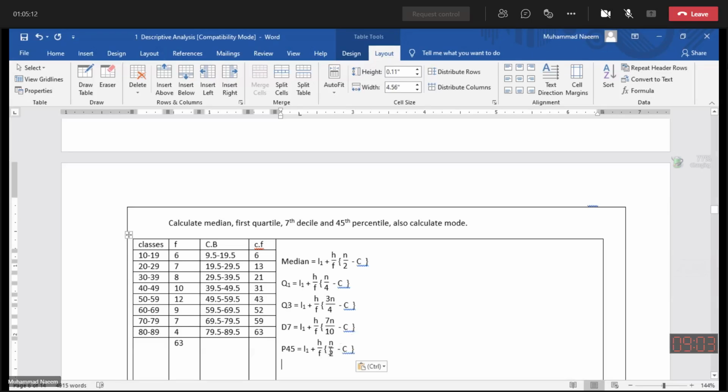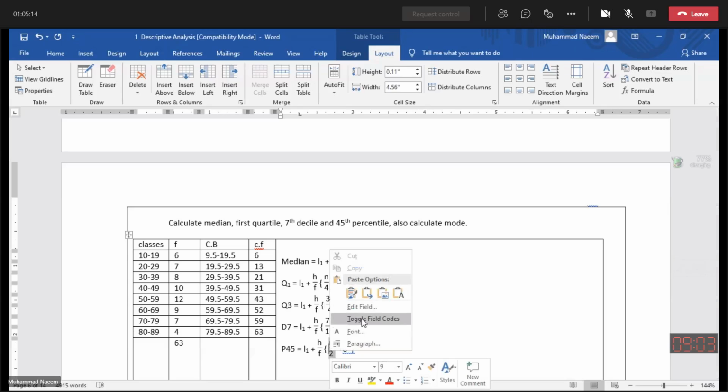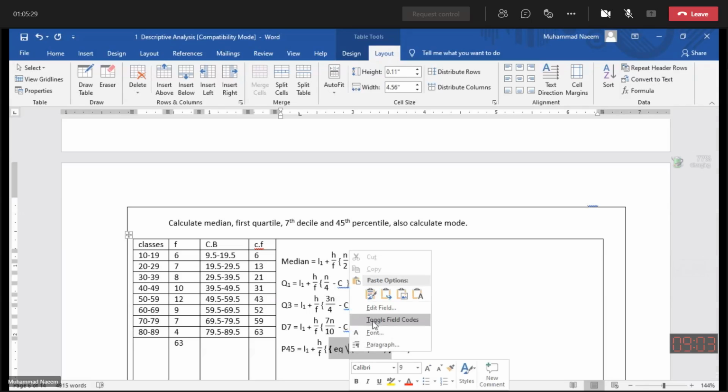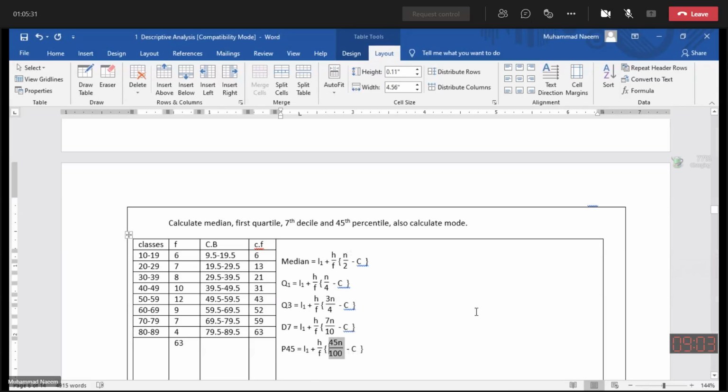Again, change the ratio. This ratio will be for P45, 45n by 100. Now, first of all, understand these notations L1, H over F, C.